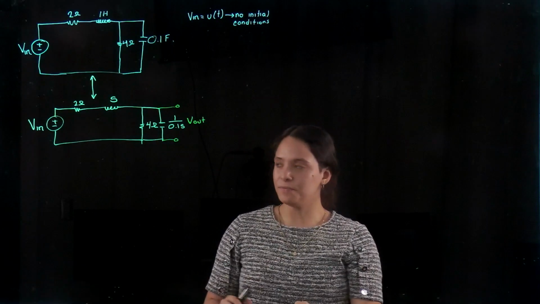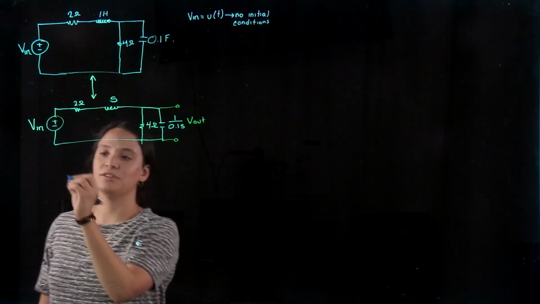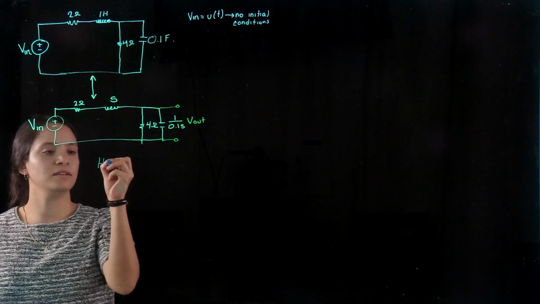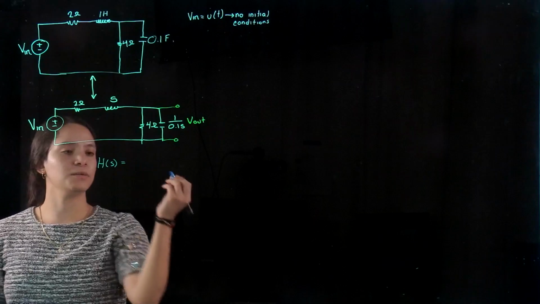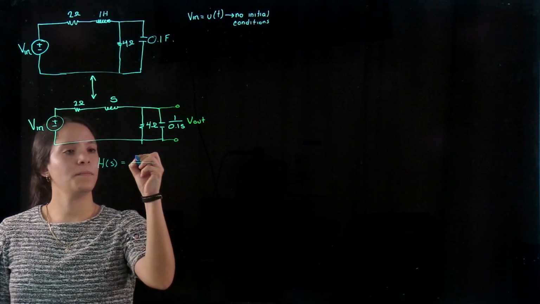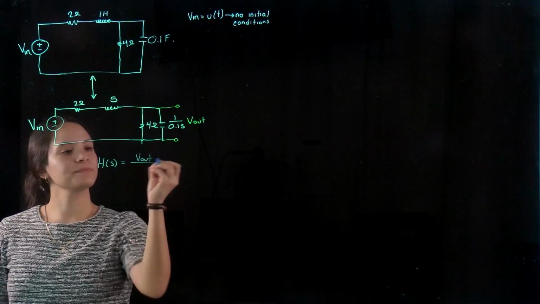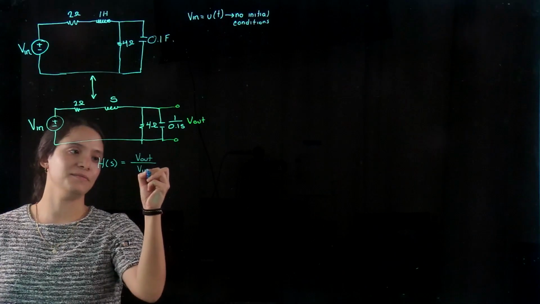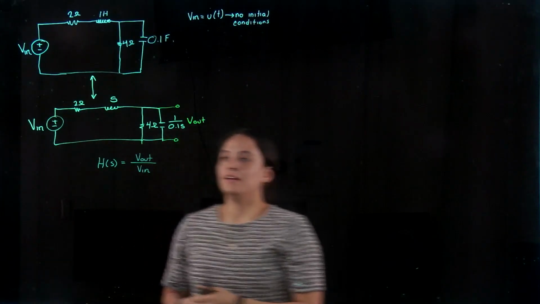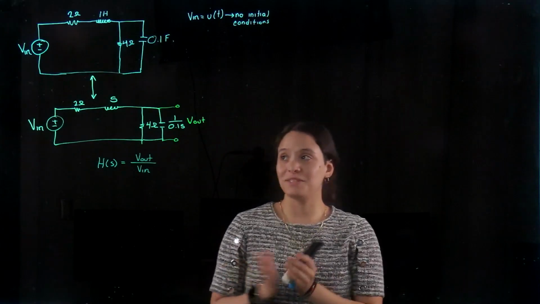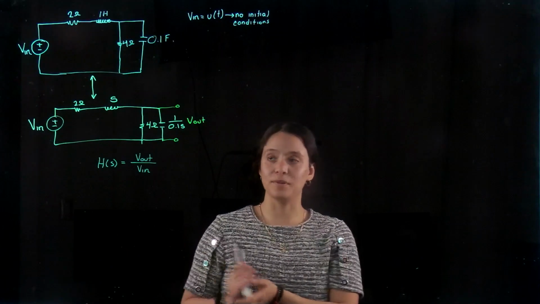As we remember, the transfer function is going to be H of S equals V out divided by V in. This example is going to be solved by voltage divider.